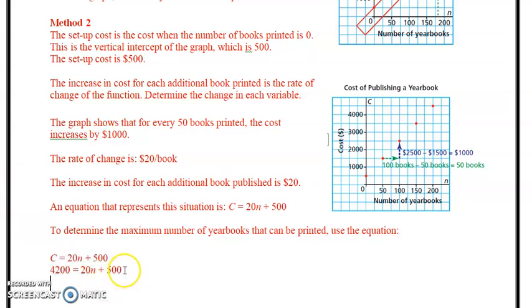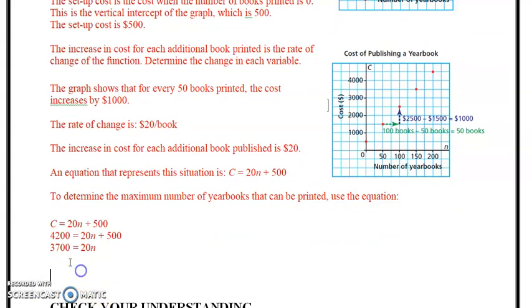Subtract the 500 from both sides, and we get 3,700. Then we divide each side by 20, and we get N is equal to 185. So our estimate was close in the previous method.